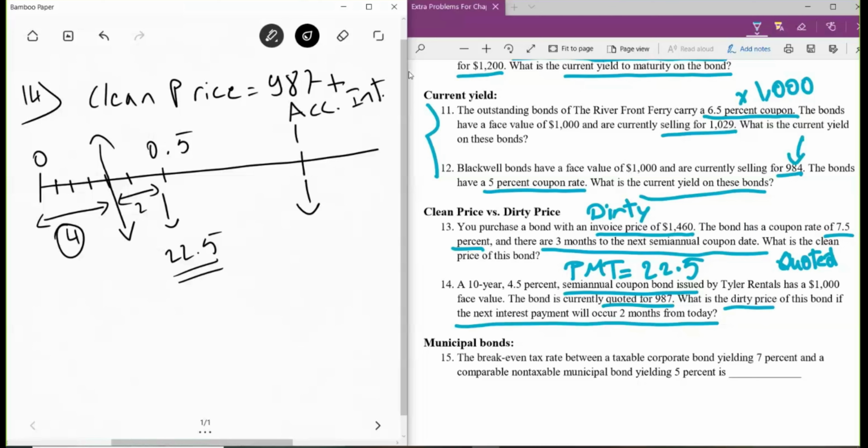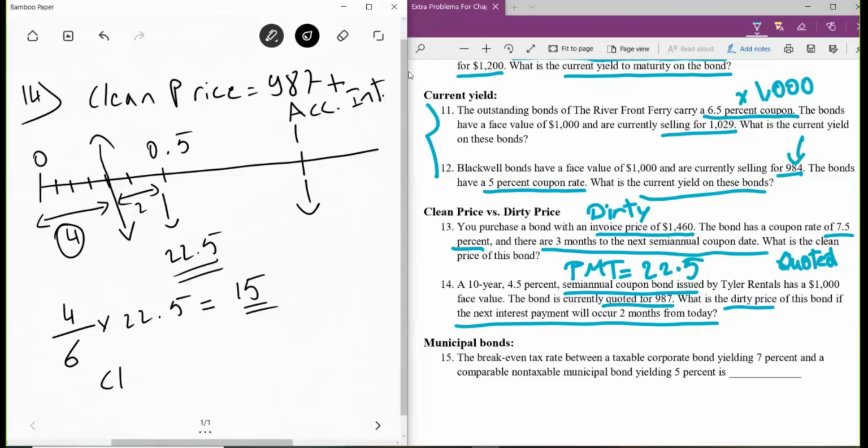Because as you can see, the seller has waited 4 months out of the 6 months. So the seller has waited 2/3 of the time. Therefore, the seller wants to receive 2/3 of the 22.5 coupon. So in this case, the accrued interest, the additional price that the seller is requesting, is $15.